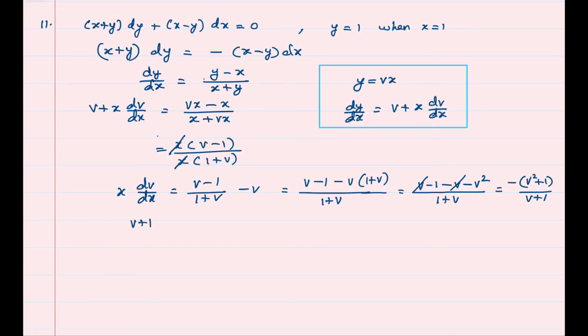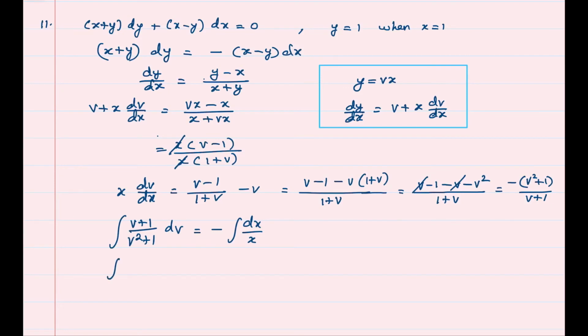v plus 1 divided by v square plus 1 dv is equal to minus dx divided by x. On the left hand side, we have linear function divided by quadratic function and there is no v term in the denominator.